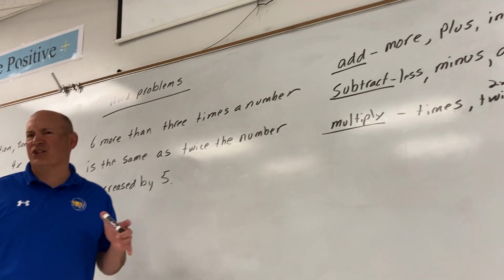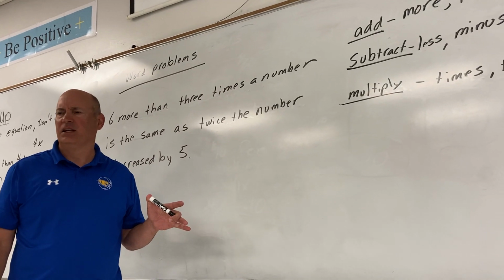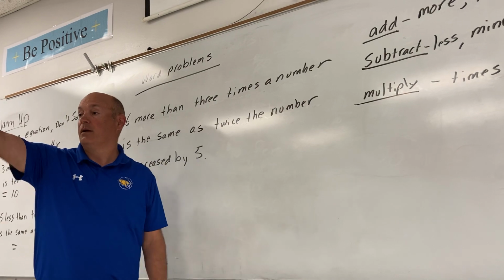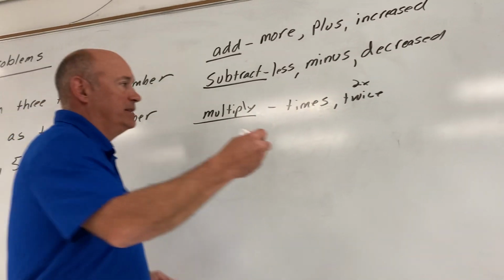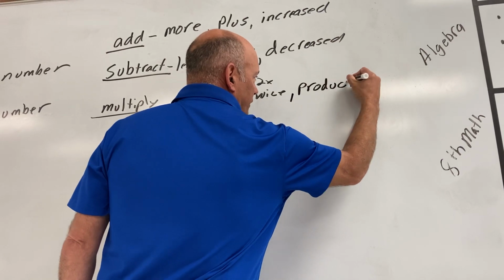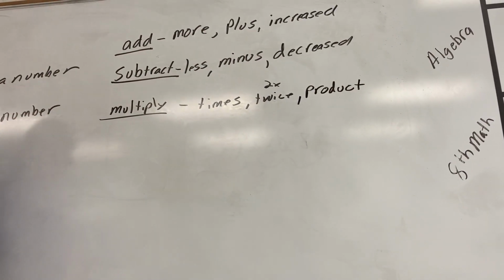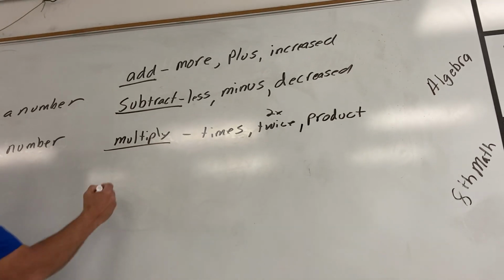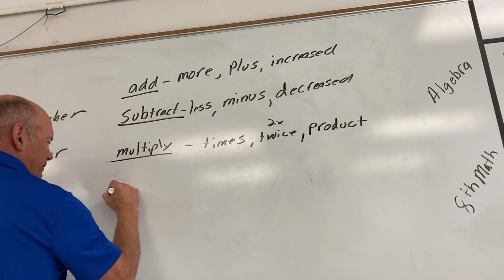There's a word that starts with a P. Plus? Nope, that's add. Product. Product also means multiply. Combine would usually mean add. All right, let's go to division.